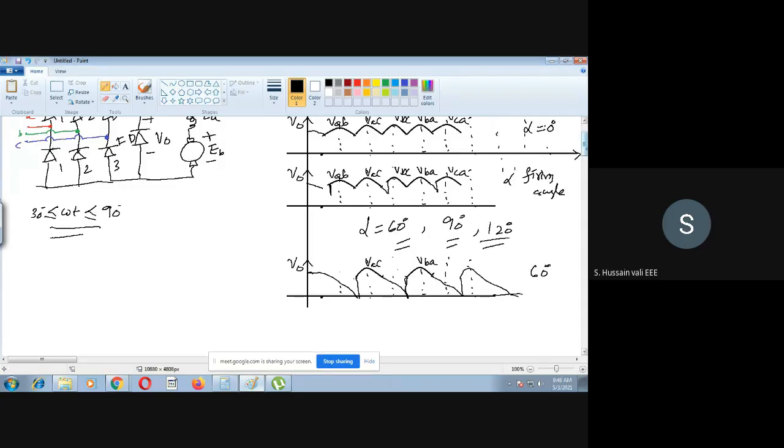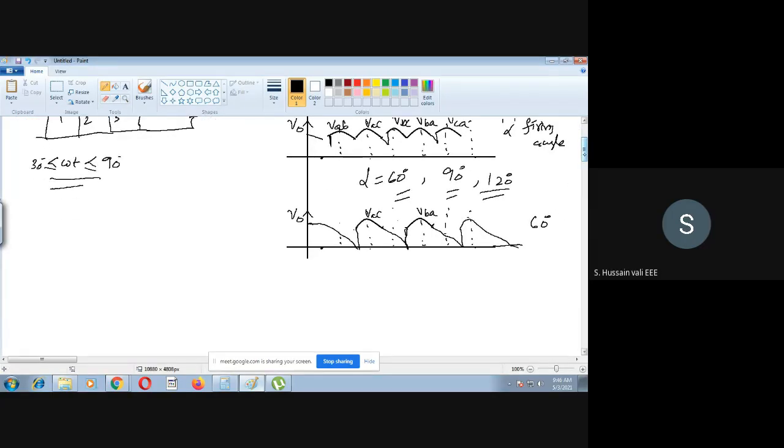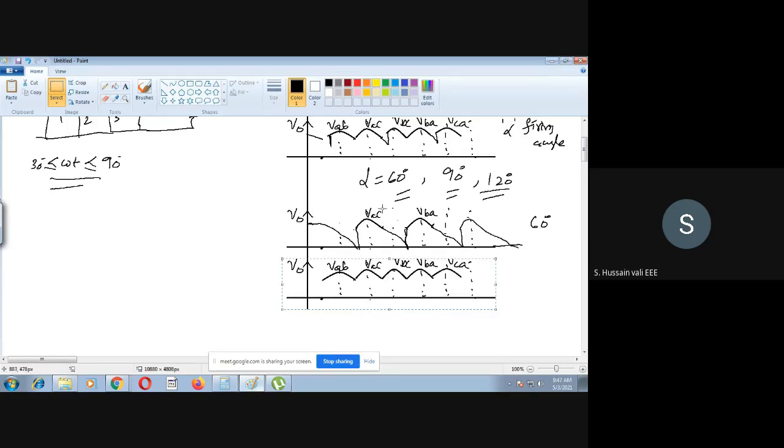Similarly, if you go for 90 degrees, what do you find out is that, let's see what you will get here. If it is 90, then this entire part is also not there.